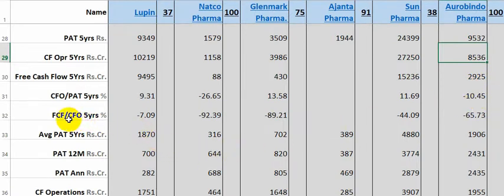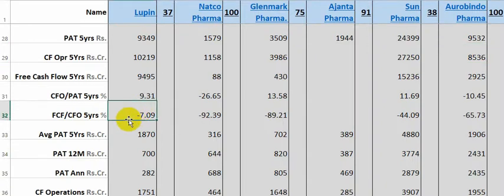Similarly, for free cash flow, we don't want it to fall by more than 50% of whatever has been earned through operations. Let me just repeat that. We don't want the free cash flow to fall more than 50% of the cash flow from operations.